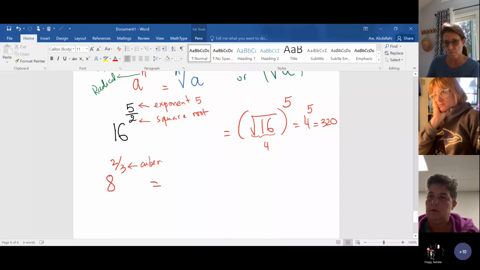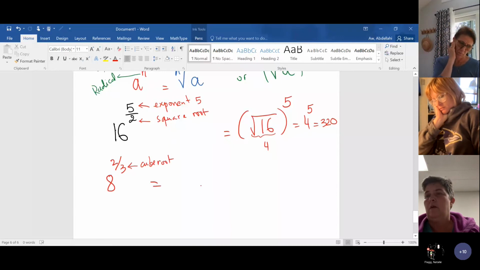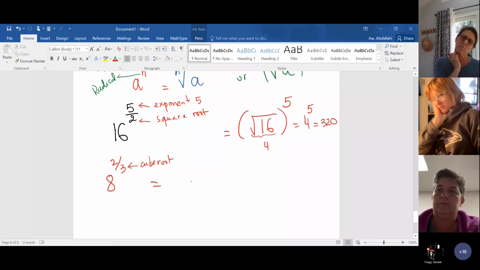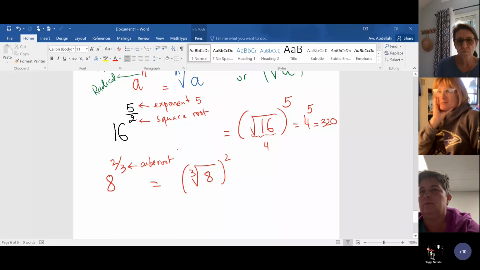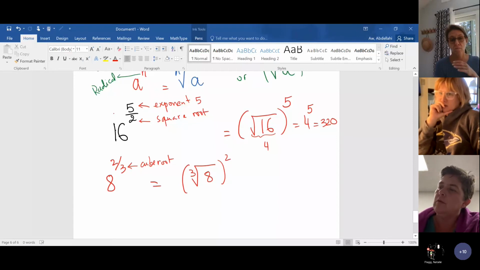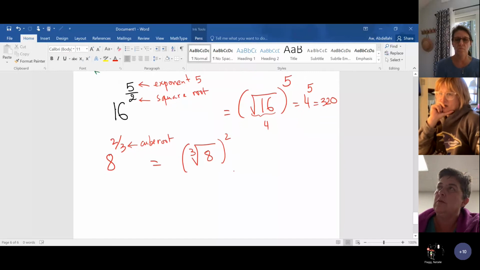Cube root, right? You're going to say the cube root of 8, and then you're going to raise it to the second power. Everybody sees how we go from this form to this form?